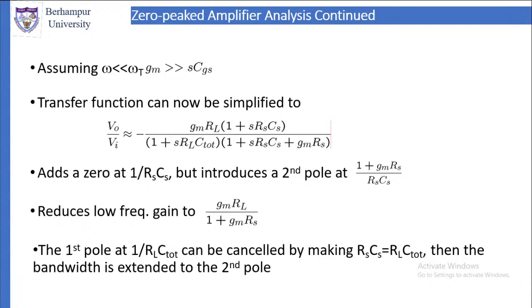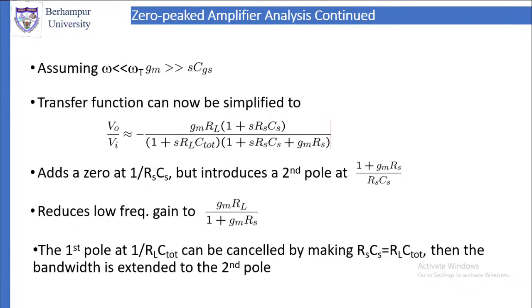Now let us continue. Assume that omega is less than omega T and GM is much greater than SCGS. Then the transfer function can be simplified to GMRL into 1 plus S RSCS in the numerator, and in the denominator 1 plus S RLC total into 1 plus S RSCS plus GMRS.